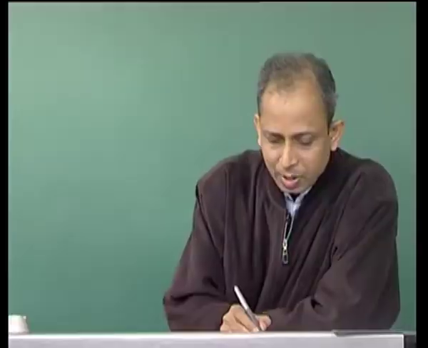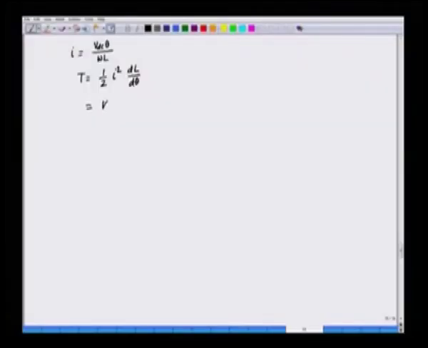So we can say that it is equal to k into I squared. Half is a constant, dL by d theta is a constant, so T is equal to k into I squared, and that is equal to VDC theta by omega L into the same thing, VDC theta by omega L, into k.